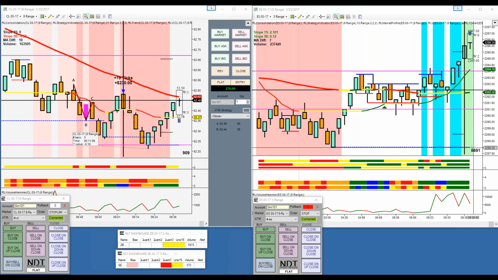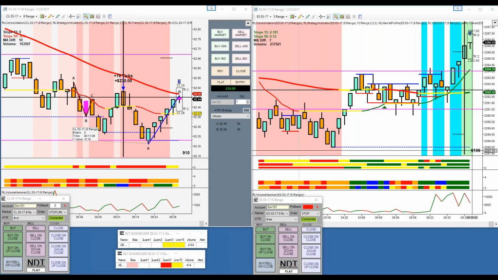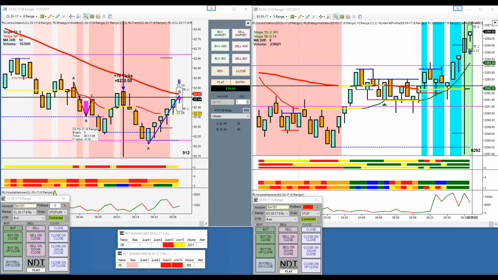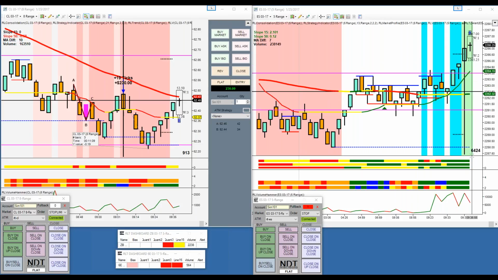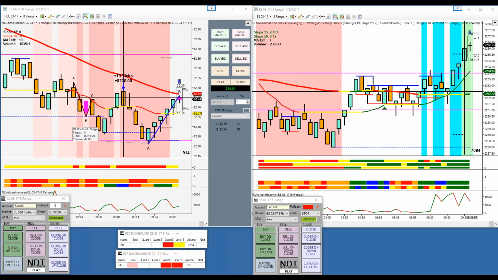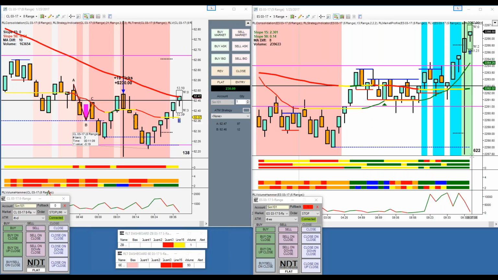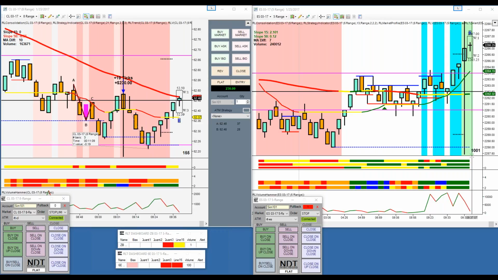We're going to have a transition zone trade. We need a pullback on the E-mini. We need a down close. We got green, green, green, 3 quants and order flow and momentum.